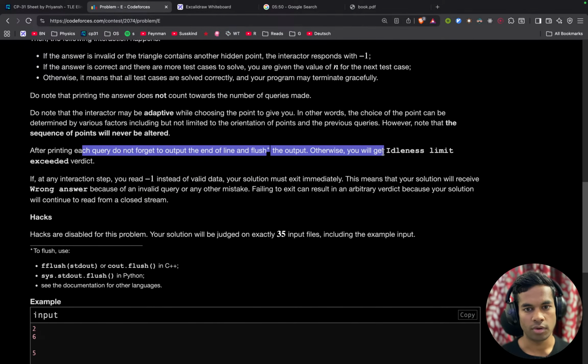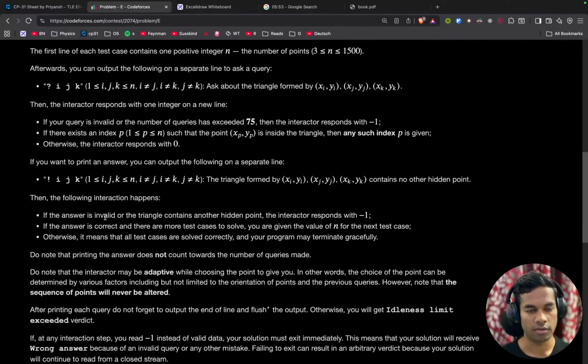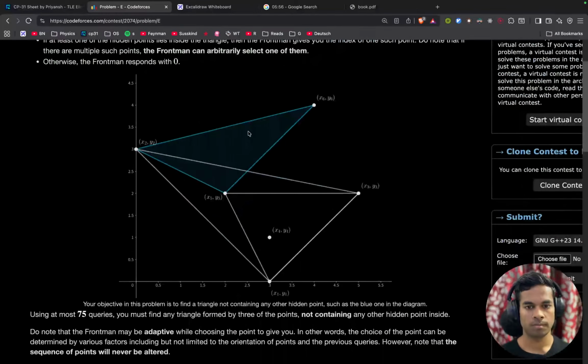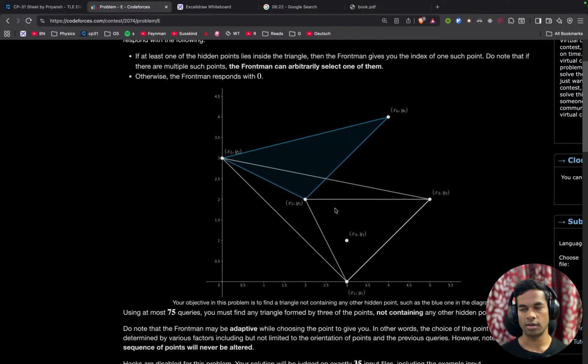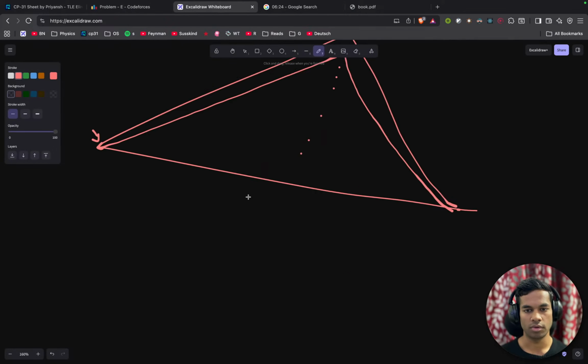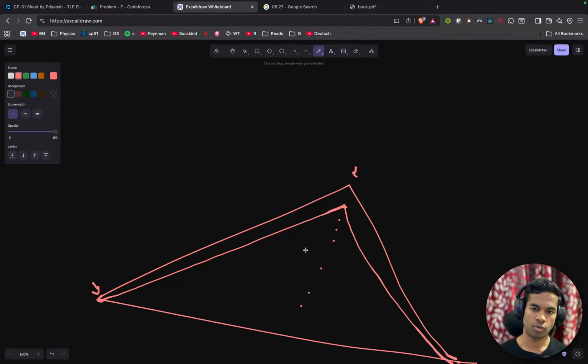Each query, do not forget to output the flush. And no two points are collinear, so that makes sense.